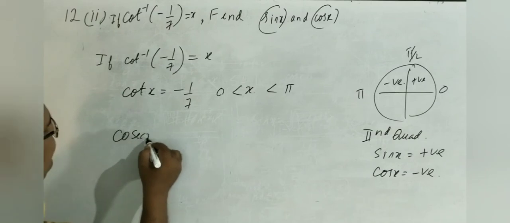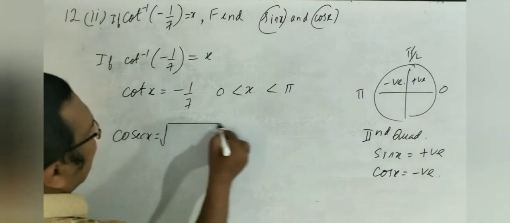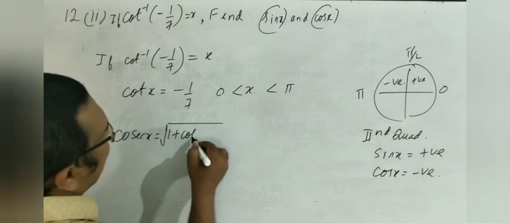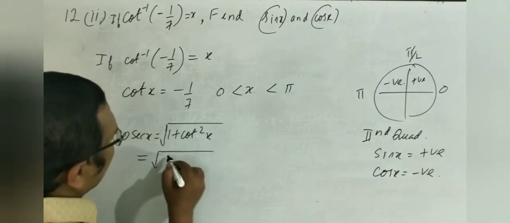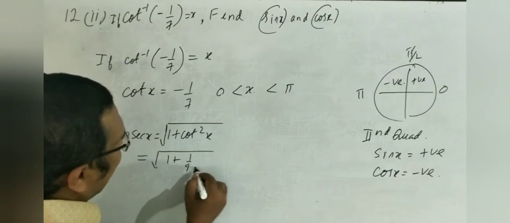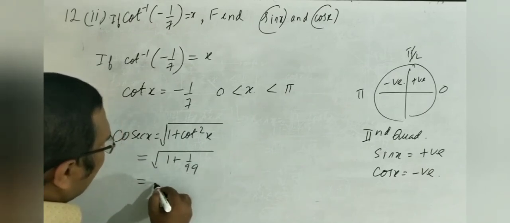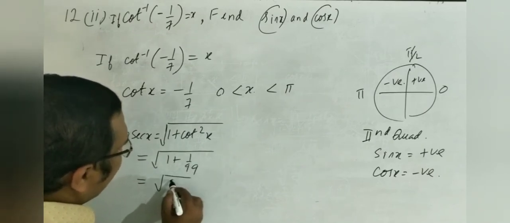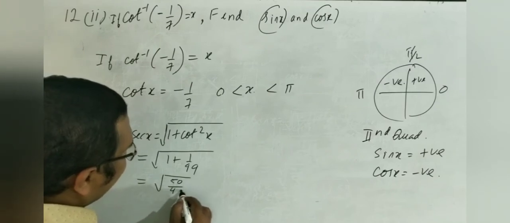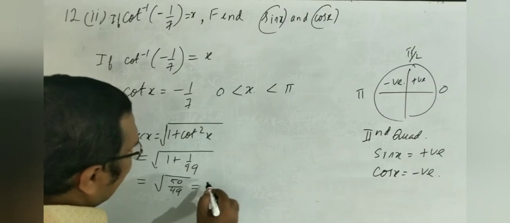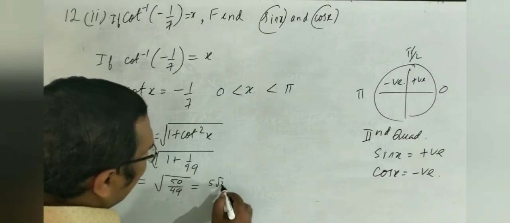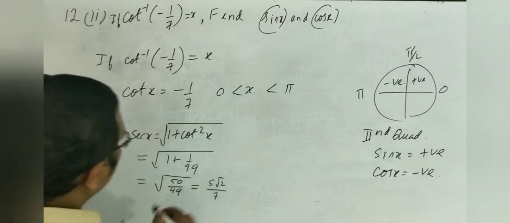cosec x is root of 1 plus cot square x. I get here 1 plus 1 by 49 or root of 50 by 49, and I get here 5 root 2 by 7.